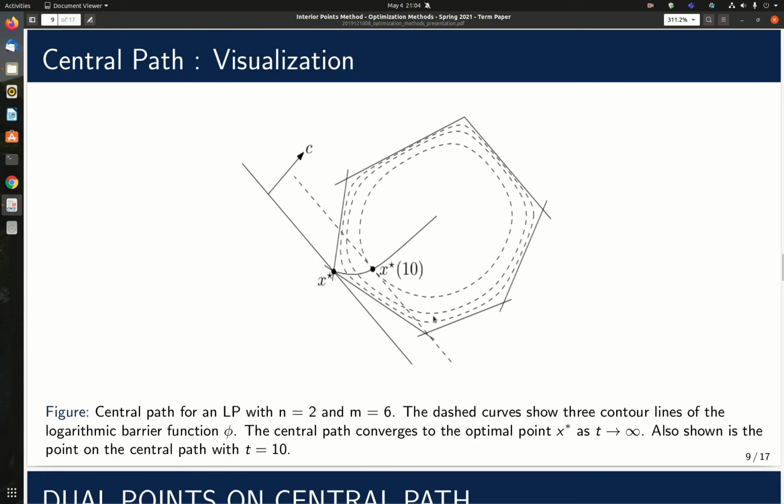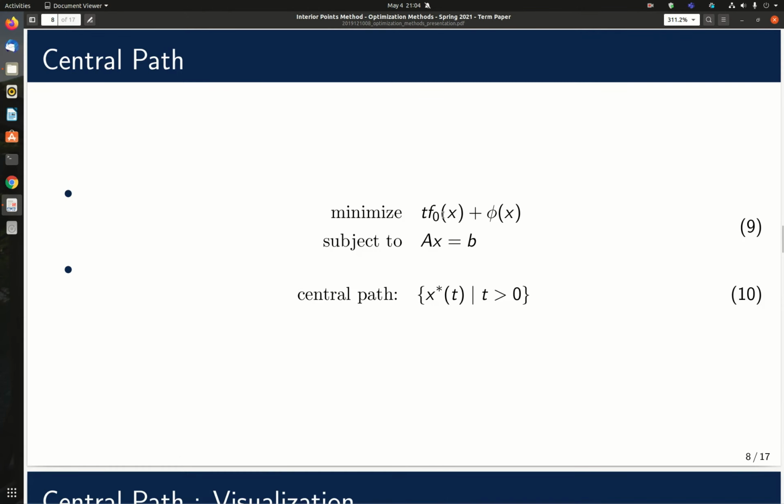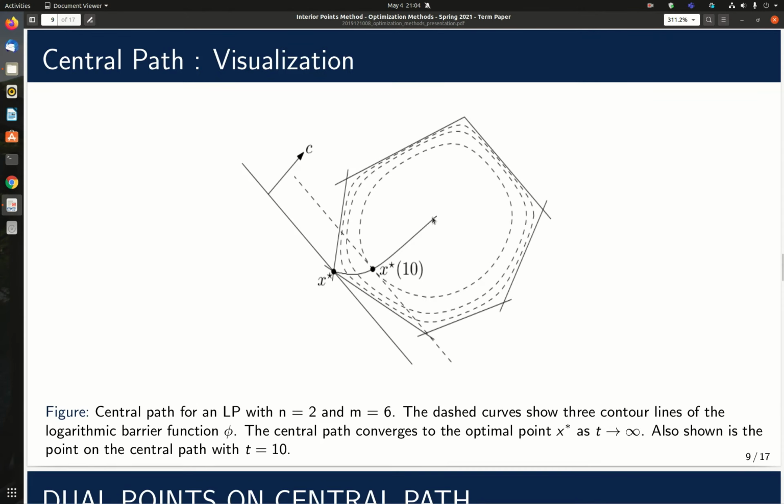So this is an example of the central path where the starting point started at x equal to 0, and as t increases, this will reach the optimal solution. These contours that are drawn here are for lesser values of t.